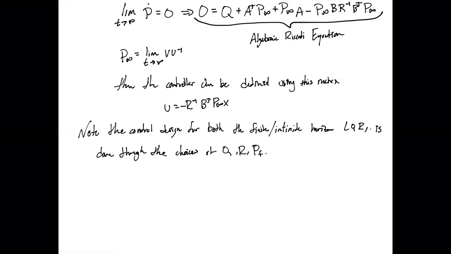And then remember that the Q, R, and PF came back from our cost function, right?